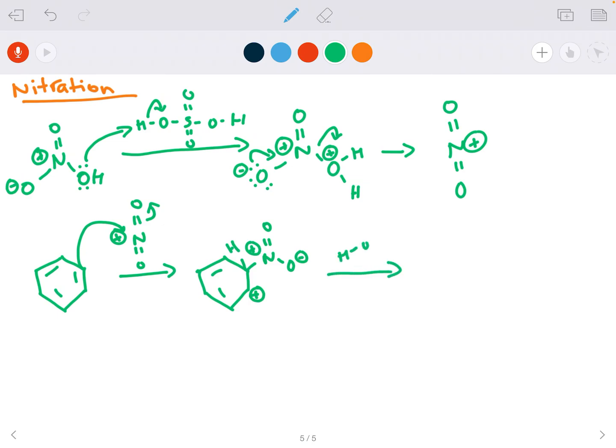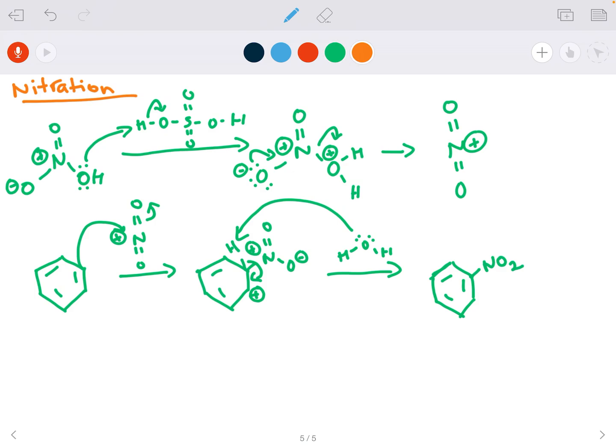Water comes in, given these are acidic conditions, and deprotonates, reforming our aromaticity, and I have my final product installed, the nitro group.